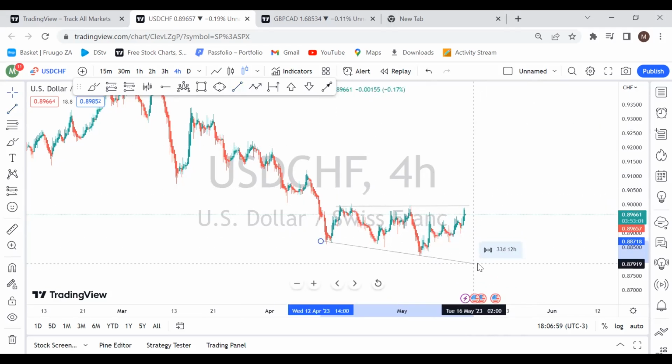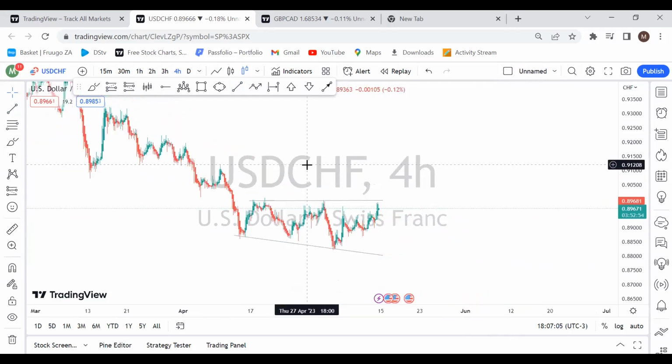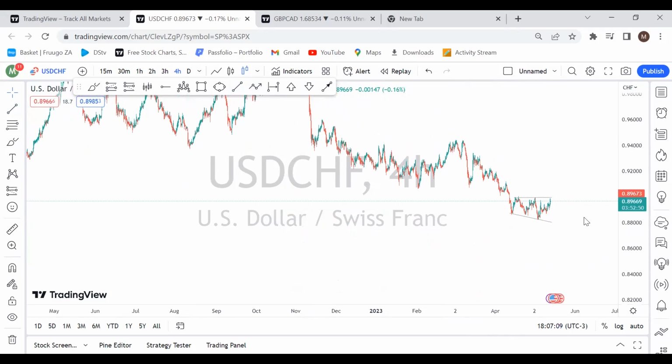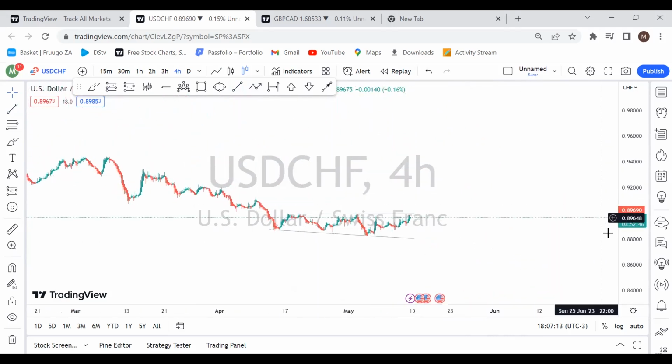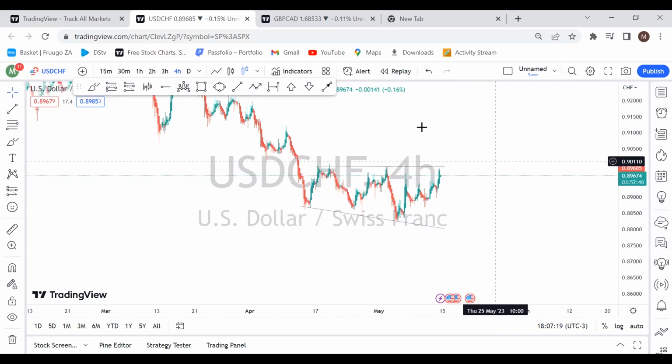You can stretch this out, but it doesn't really matter. So you can see that we have a clear correction right there, clear as daylight. Can't lie and say this is not a correction. That is just so obvious, bro.